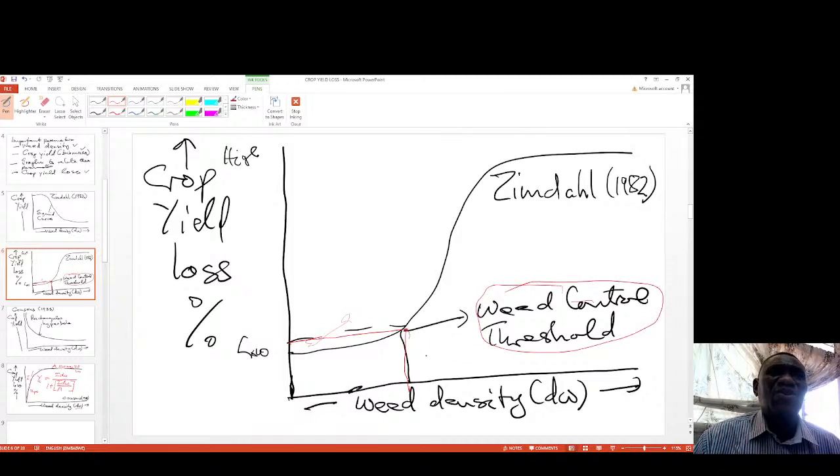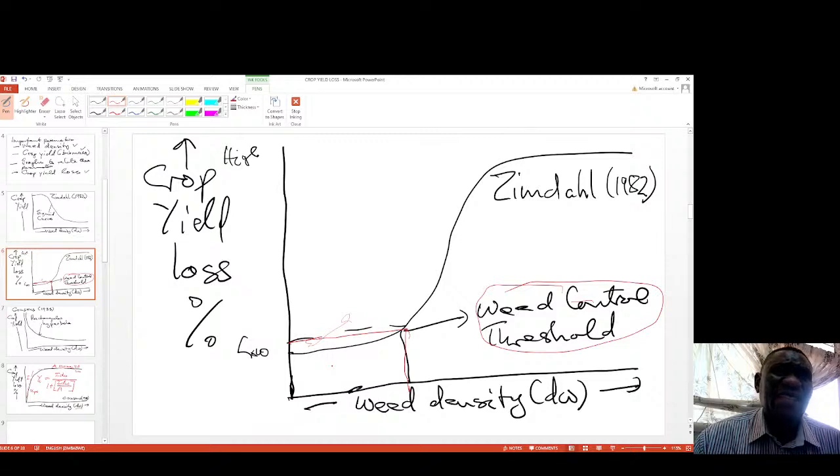The weed control threshold, it's clear from this, because during the early stages, or where you have low weed density, it is not actually affecting the crop yields, or it has no impact on crop yield loss.